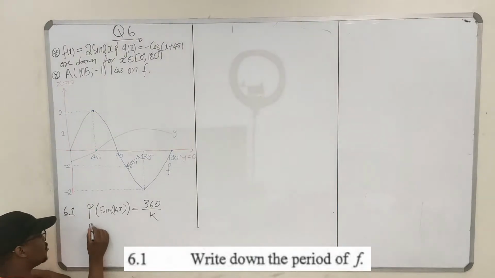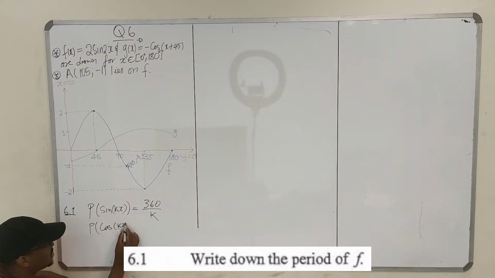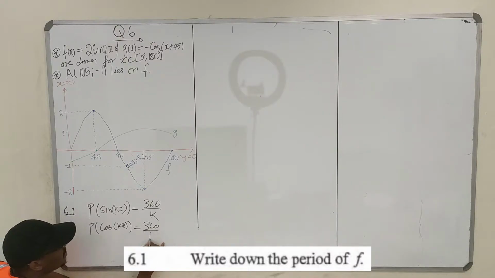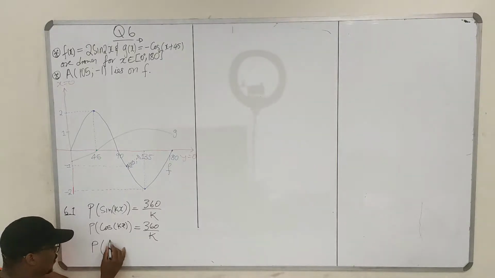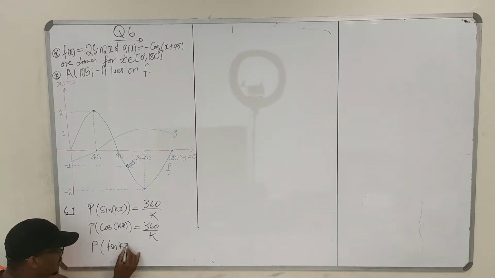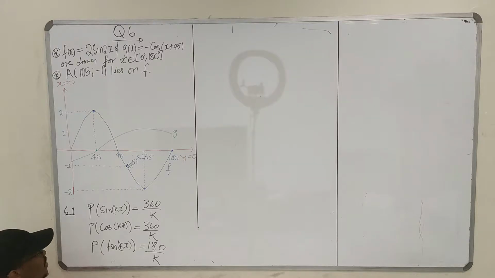You also know that the period of cos kx is equal to 360 degrees over k. The period of tan kx is equal to 180 degrees divided by k, depending on the function you are given.